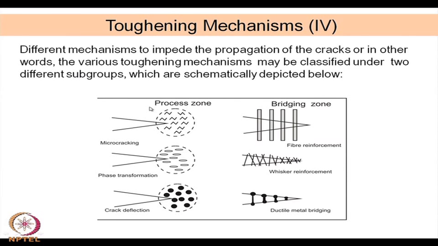So, these are process zone, that means in the material itself where the crack is propagating ahead of the crack zone, that is why it is called process zone, and these are bridging zones.